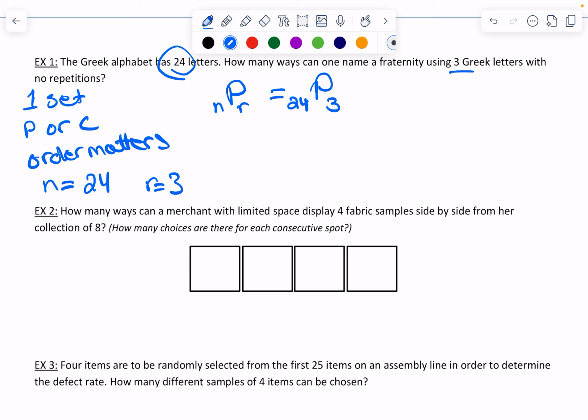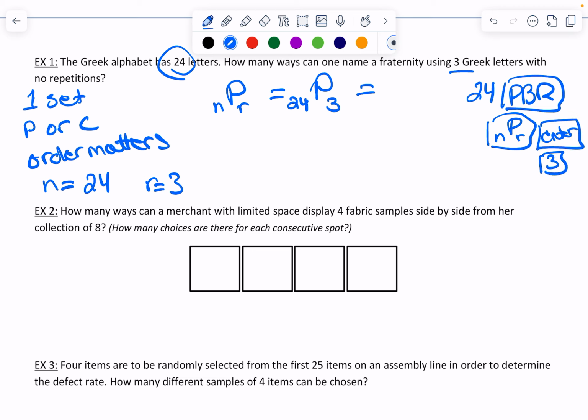So the permutation 24 of 3. We can, again, do this with the calculator. Type in 24, then press the PRB button, choose the permutation, press enter, and then type in 3.